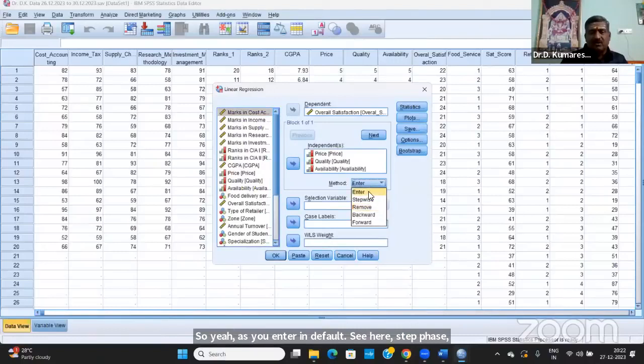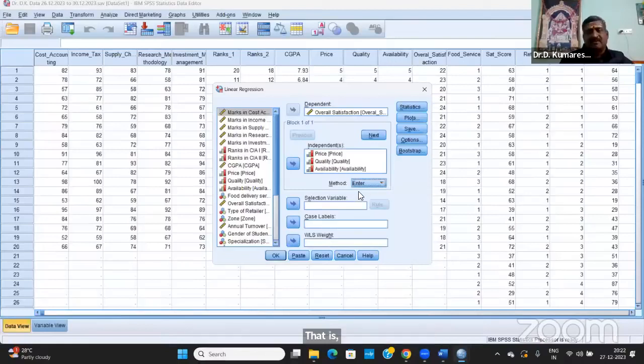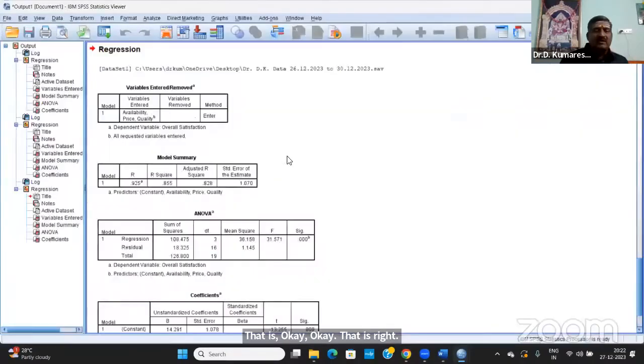So there are different methods, and each method has different results. Most probably, the researchers are using the Enter method. So we have also taken the Enter method. That is why the result says that the Enter method is used.